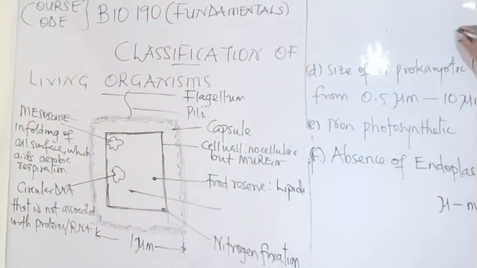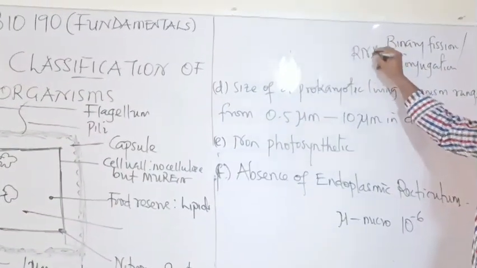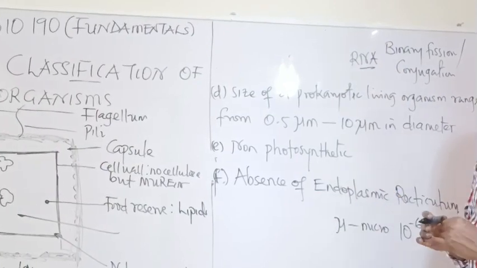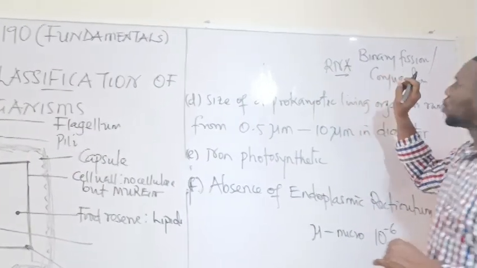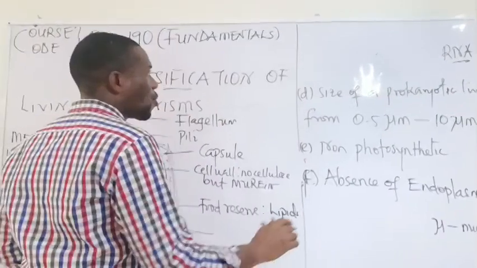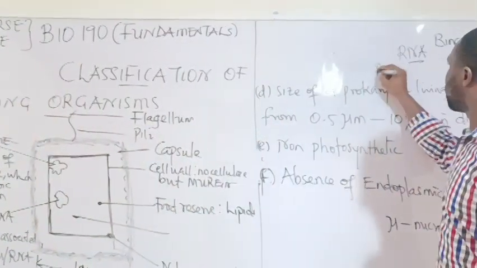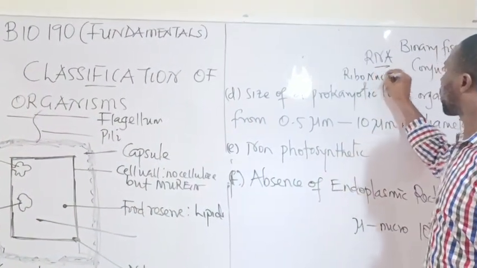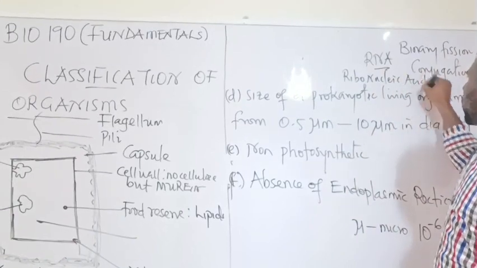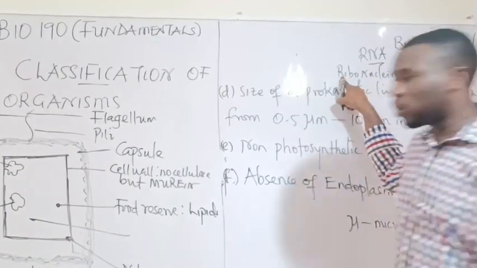Then somewhere around here, we have 70 Svedberg. The unit for RNA, which is just a genetic material and not an organelle. RNA is ribonucleic acid, while DNA is deoxyribonucleic acid.